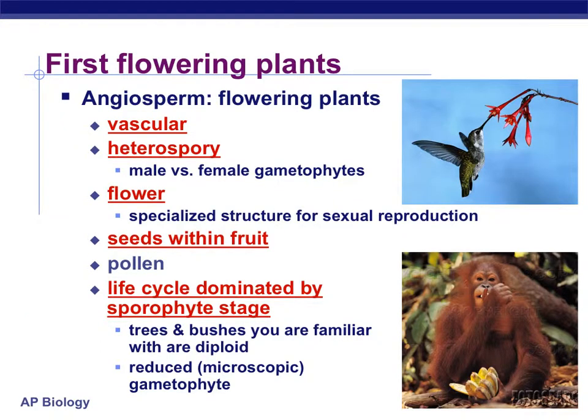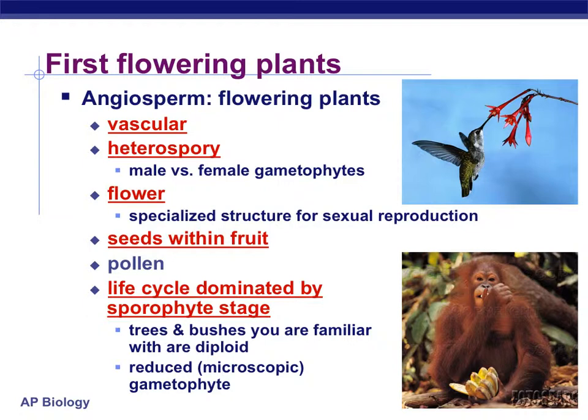And then finally we get into the flowering plants. Flowering plants are called Angiosperms, and they're really kind of at the pinnacle of plant development. They're the most complex. They, of course, have the vascular tissue, and they typically are going to have specific male and female gametophytes. In other words, they're going to have male and female reproductive cells in all examples of flowering plants.